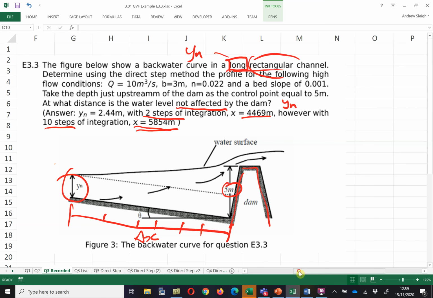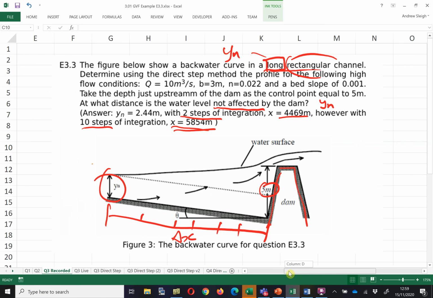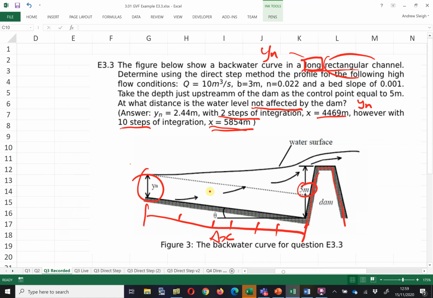Okay, let's go. Right. The first thing to do is extract the data from the question and write it down so it's all clearly available. So let me just zoom out very slightly.